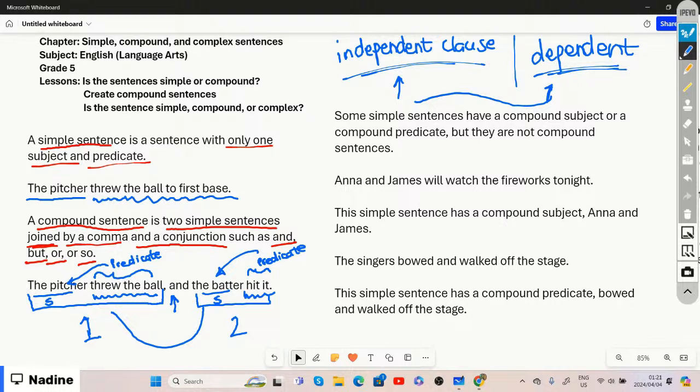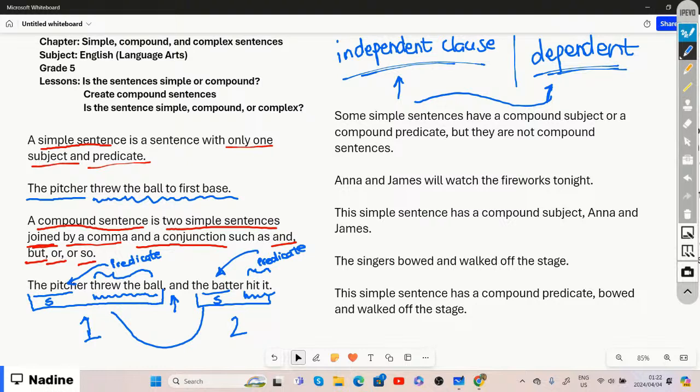It maybe doesn't have a subject or doesn't have a predicate. So it does not stand on its own. Now we have a complex sentence. A complex sentence has both an independent clause and a dependent clause.